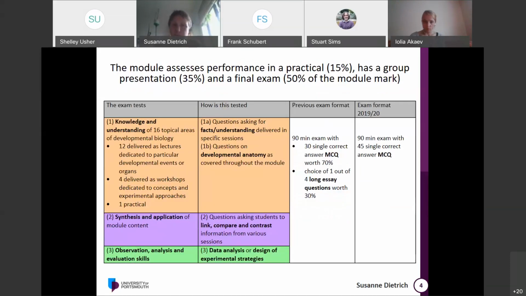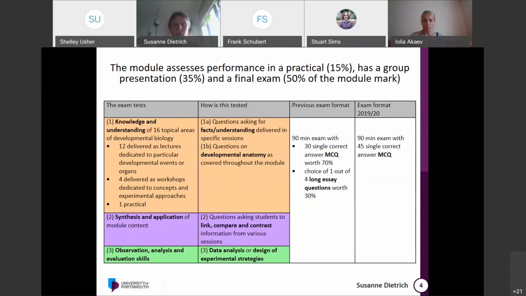The module typically assesses students' performance in the practical. It also has a component that contributes to the final mark. But then an exam that constitutes 50% of the module mark.